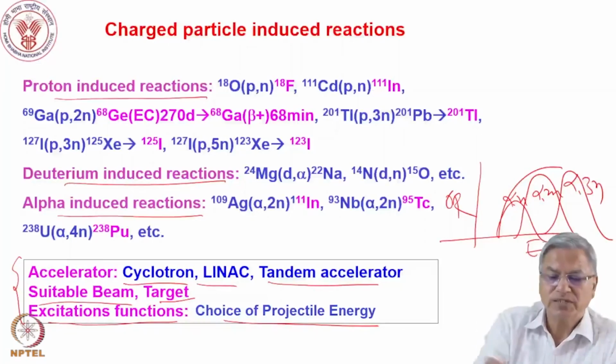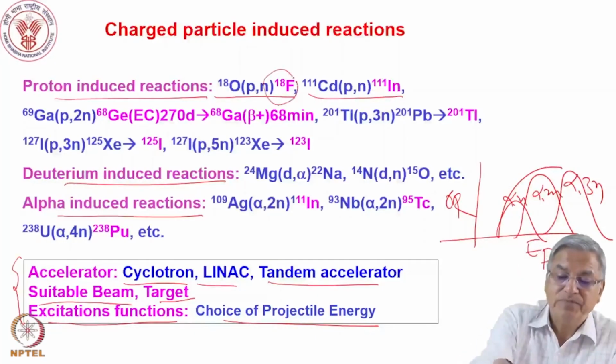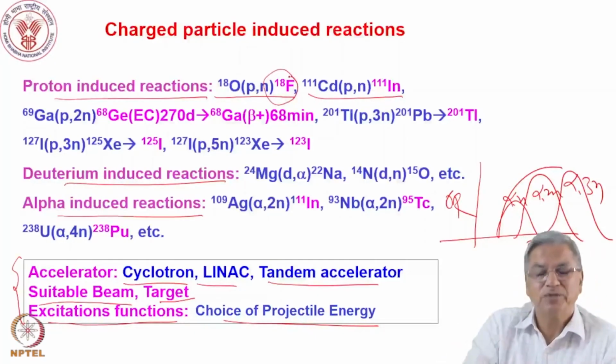Proton-induced reactions are used to produce fluorine-18. You can also produce cadmium, indium-111. F18 is used in PET, positron emission tomography.